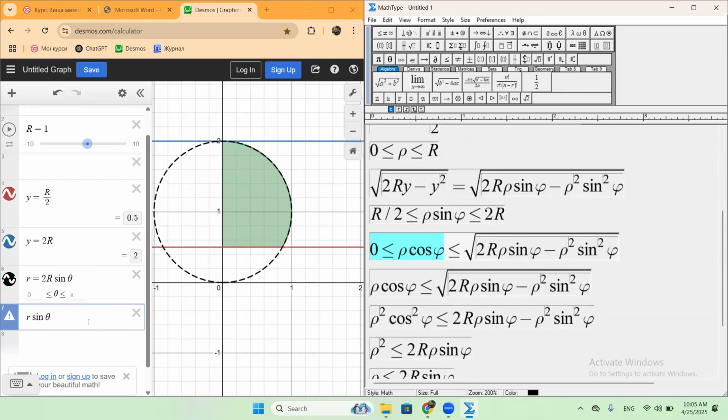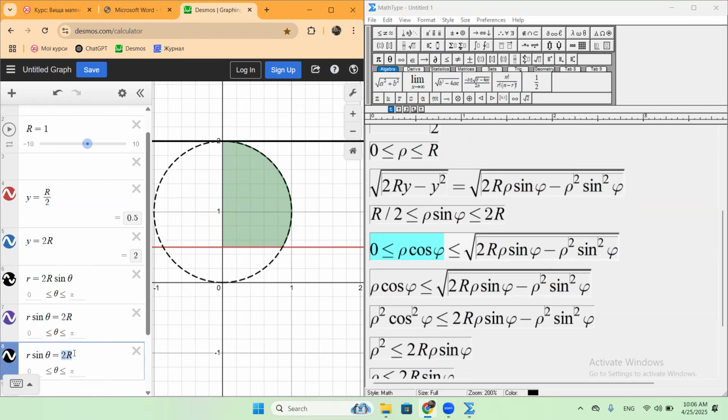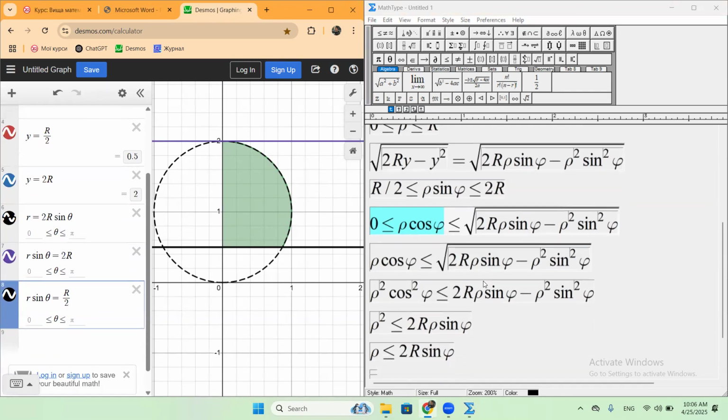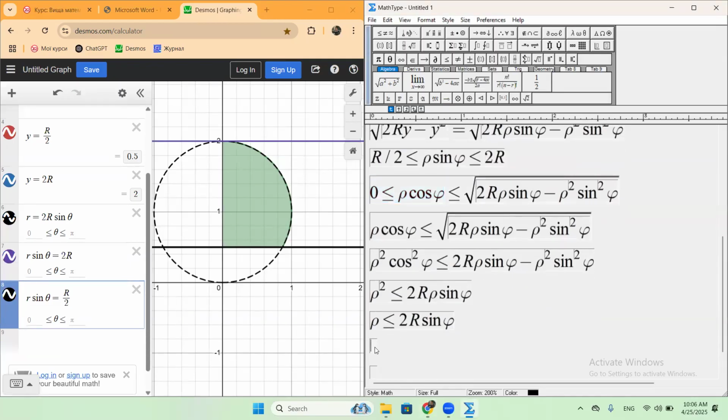So equals to r. And if it equals r over 2, we will receive the following straight line. So we can also figure out here that rho is greater or equal than r over 2 sine of phi.